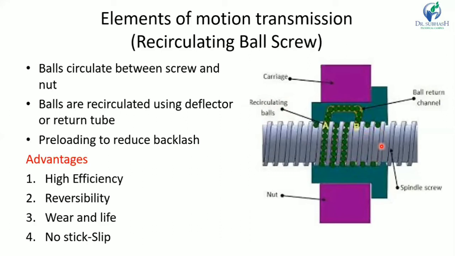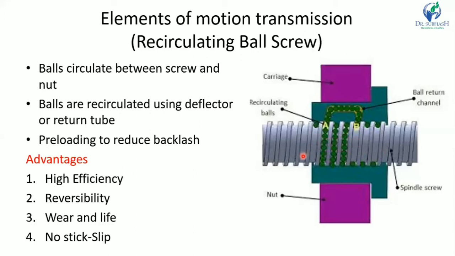The screw thread is actually a hardened and ground ball race in which the steel balls in the nut circulate. So these balls rotate between the screw and the nut, and at some point these balls are returned to the start of the thread in the nut.